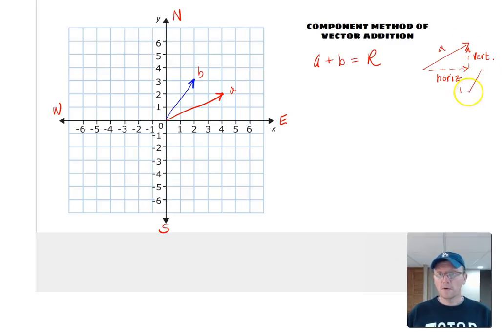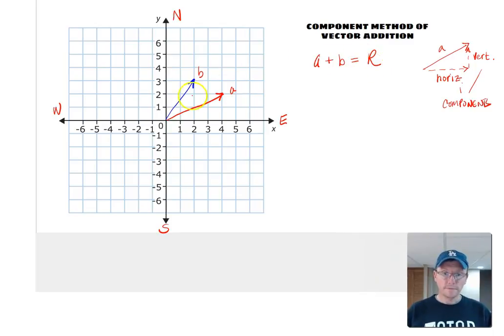So these two are considered the components. Now our strategy then is to take the components of all the variables involved, in other words the components for A and the components for B, and add them together and then use them to assemble the resultant. It's really not that tricky as long as you understand the sine, cosine, and tangent and the Pythagorean theorem.